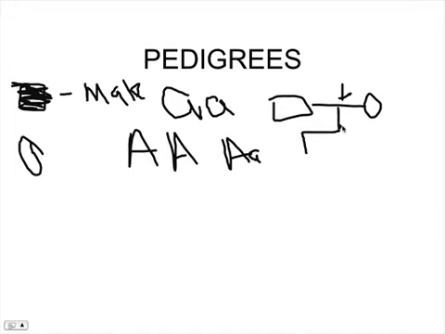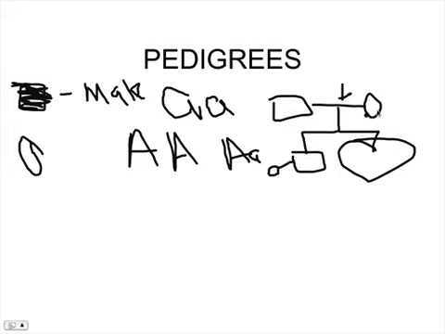If I draw lines going off of it with circles and squares, yes, I can draw really well with my mouse, these are kids. Now if I draw a circle off of here, that means that this son of these parents got married. And so now this family has grandkids, and so on.